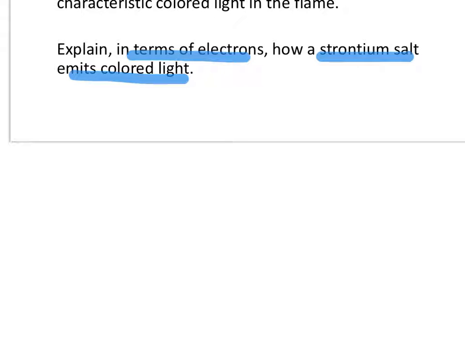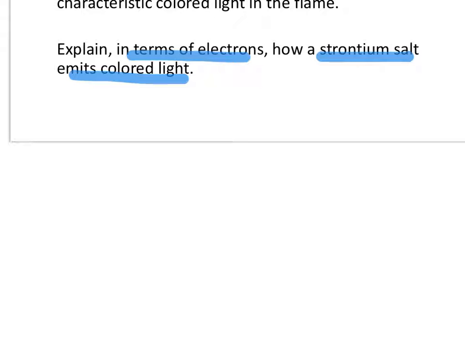They want you to explain here, in terms of electrons, how strontium salt emits colored light. You have to remember that light is only emitted when an electron moves from a high energy state down to a lower energy state.